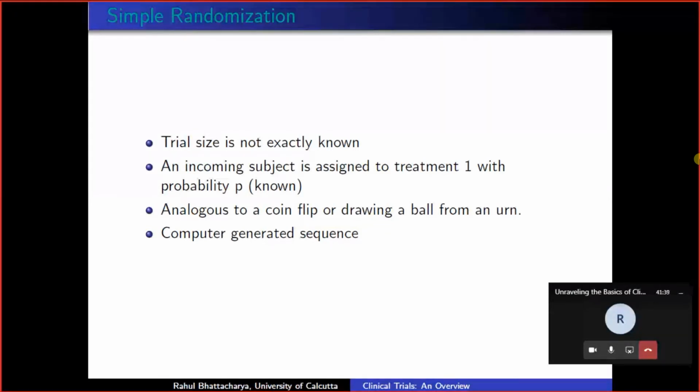So this is how it is computed. So this means you are essentially tossing a coin with success probability P, and if the result is a head, you assign the patient to treatment 1, otherwise assign the patient to treatment 2. It is analogous to coin flipping or drawing a ball from the urn.